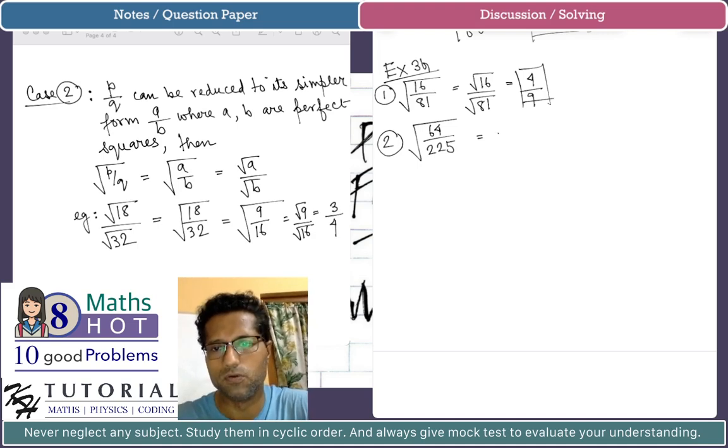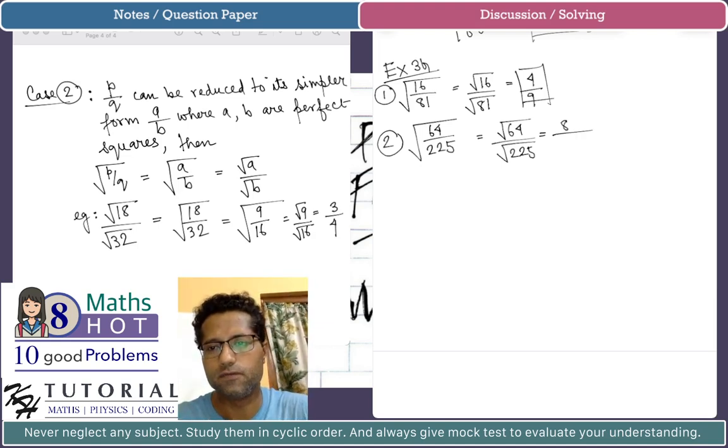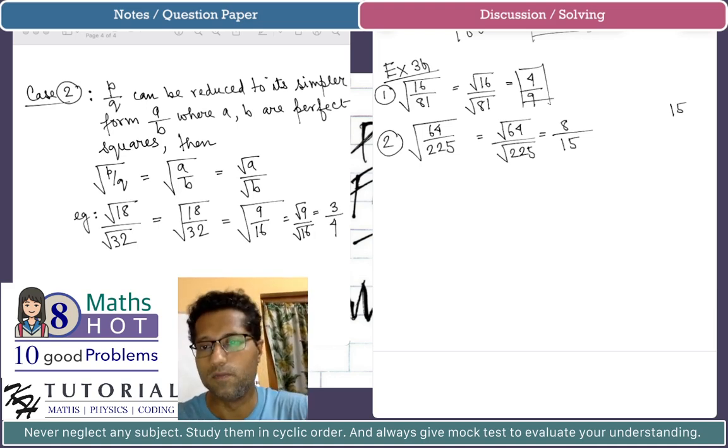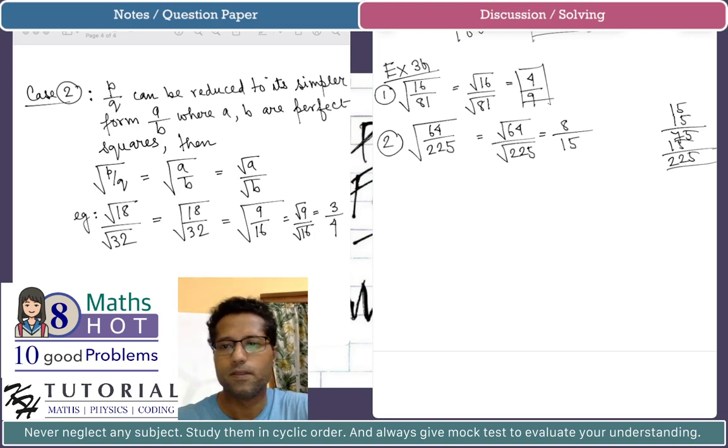So this will be equal to the square root of the numerator divided by the square root of the denominator. The square root of 64 is 8 and the square root of 225 is 15. I might make some calculation mistakes, please don't focus on that. I hope the square root of 225 is 15. I will check it once again. 15 times 15, and yes, it is 225. So the answer is 8 by 15.